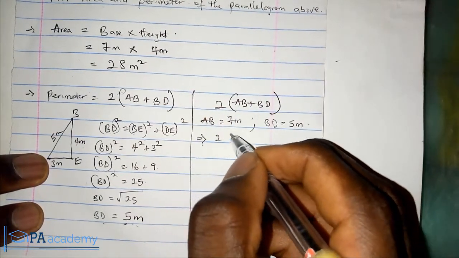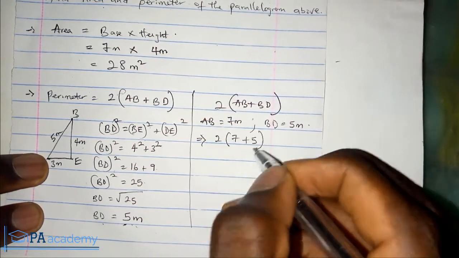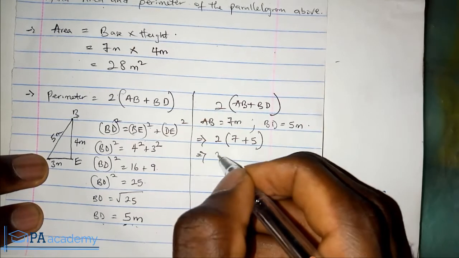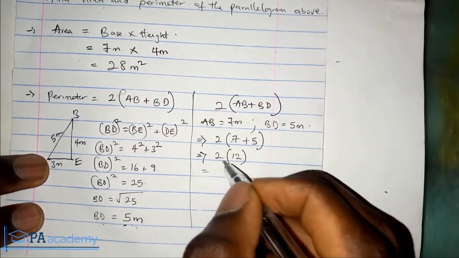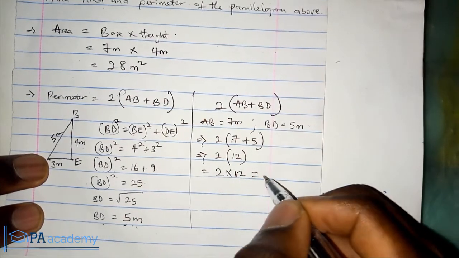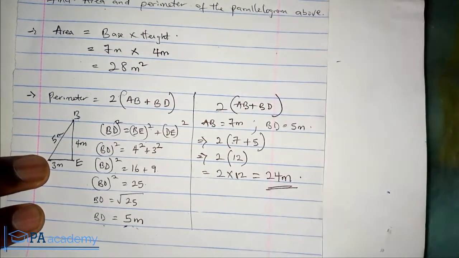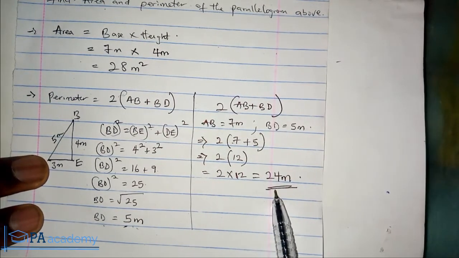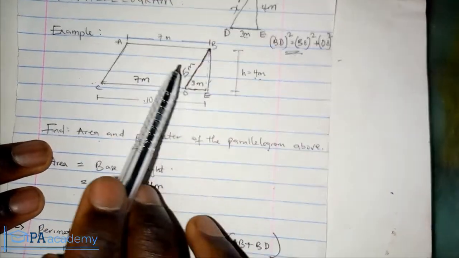That will be 2 into brackets 7 plus 5. So 7 plus 5 will give us 12. So that's the same thing as 2 times 12. So 2 times 12 will give us 24. So don't forget the unit, 24 meter. So this is the answer. So the perimeter is 24 meter, and then the area is 28 meter square for this particular diagram.